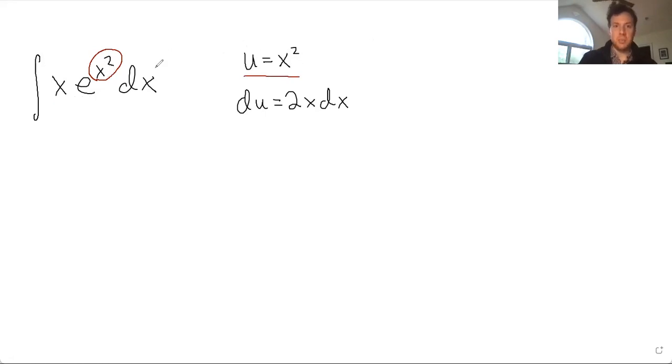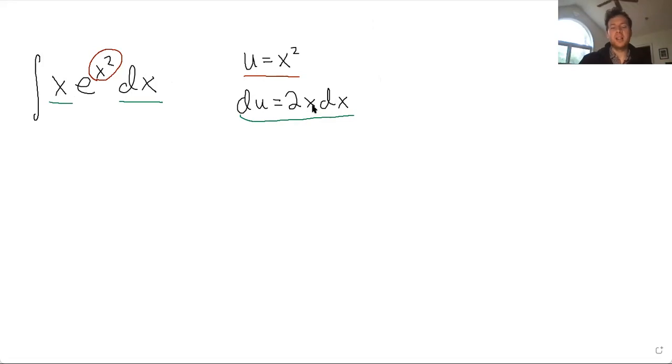That handles what's up in the exponent. But then the issue is that we have this du equals 2x dx, and the x stuff that we have is just x dx. So a problem can be that you might be off by a constant.